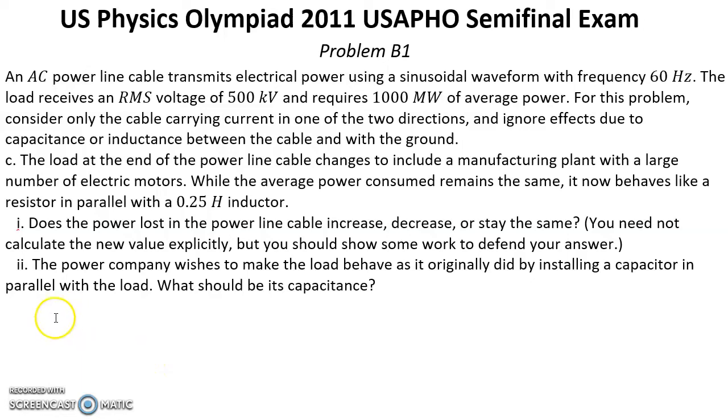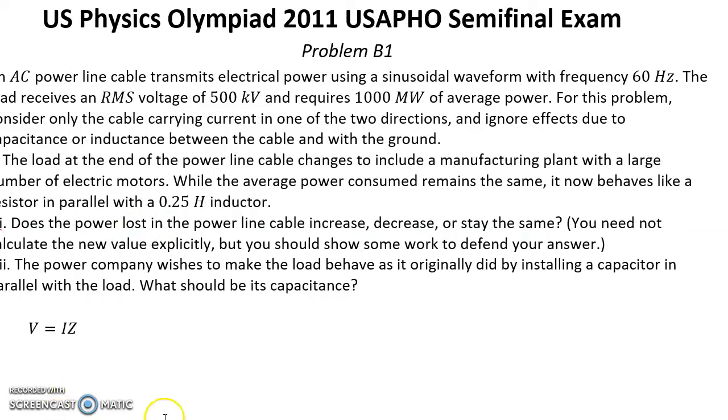Solution. For the first question, if we put the inductor in parallel with a resistor, the total impedance will decrease, as using Ohm's law. Now we can use voltage, current, and impedance as complex numbers.